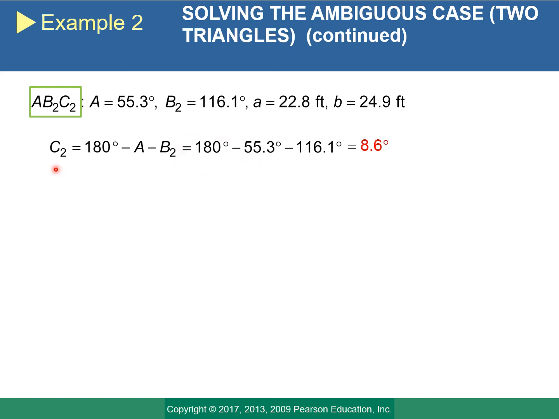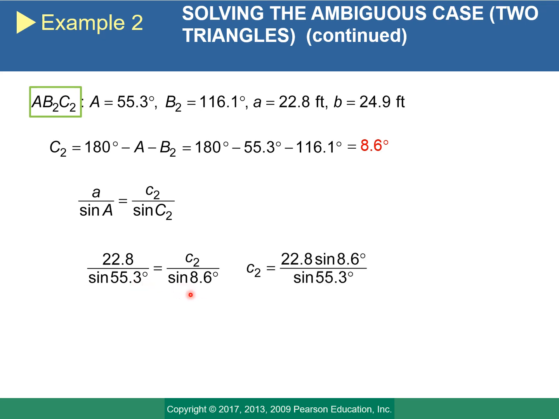So capital C2 we found, and now we just need to find little c2, side c2. Okay, so we go back to our law of sines. We're going to fill in what we know, and then solve for little c2. So we're going to multiply both sides of this proportion by sine 8.6. And then c2 is about 4.1 feet, 4.15. And so we've solved both triangles.